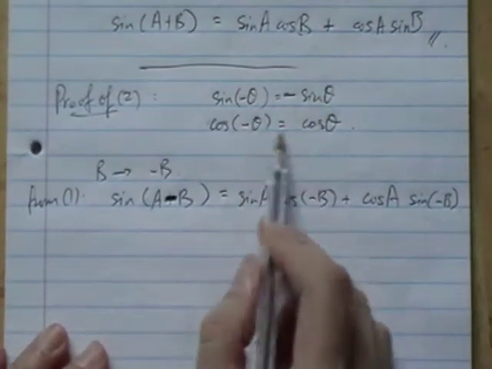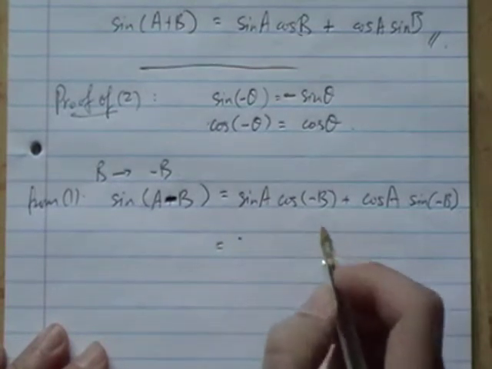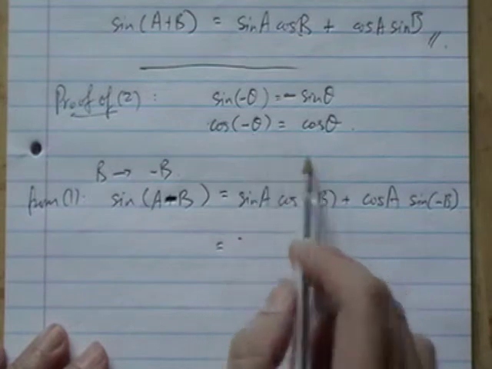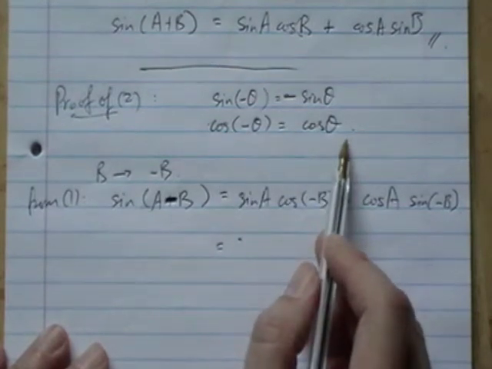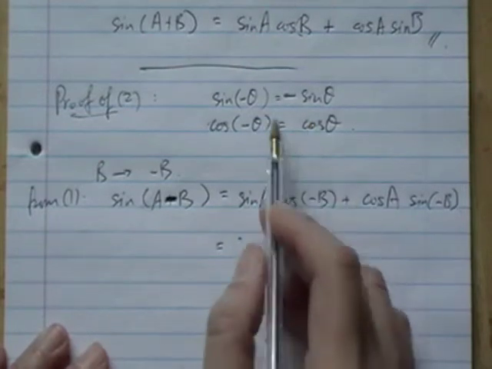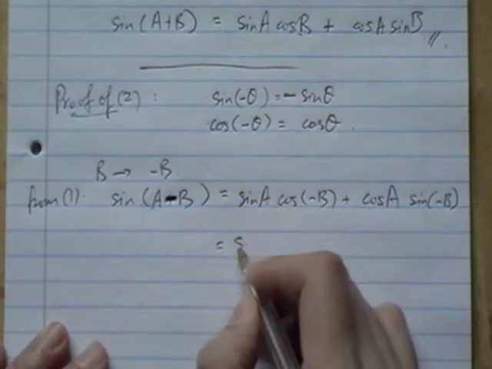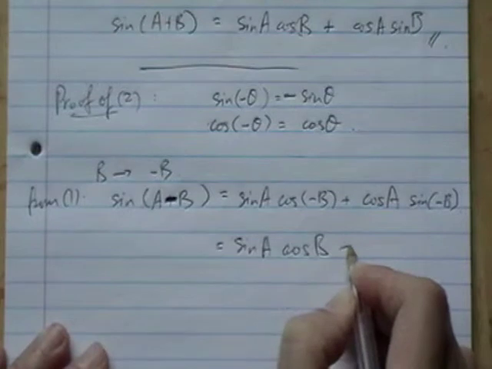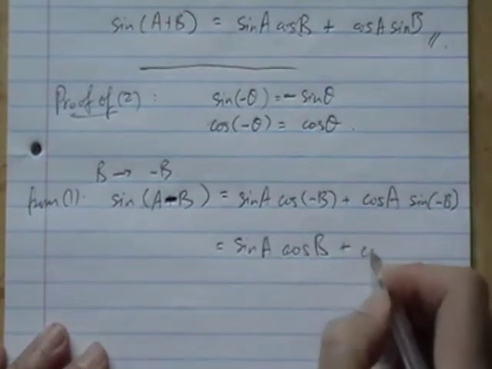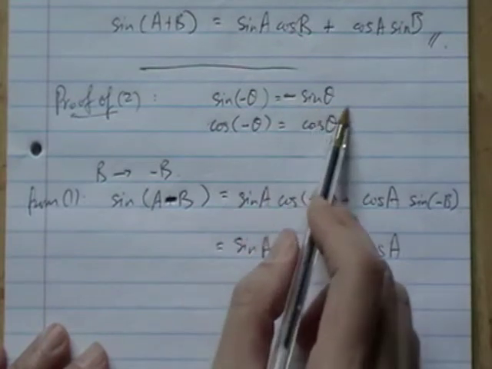Now, making use of these relations, I have cosine of minus angle gives back the cosine of the same angle. So the sign just disappears. So therefore cosine of minus b is the same as cosine b. I have cosine a here. Now sine of minus of angle becomes minus of sine of that angle.